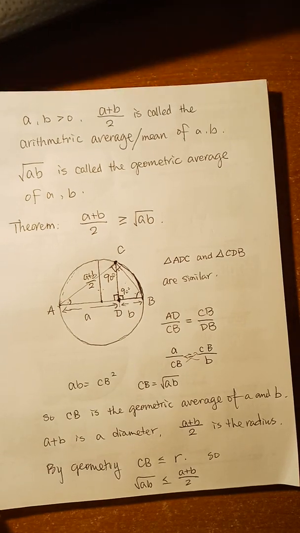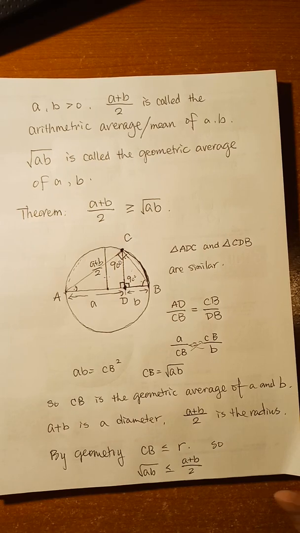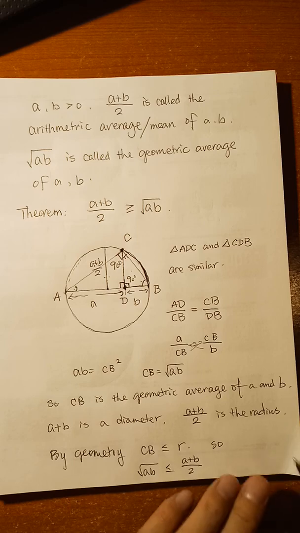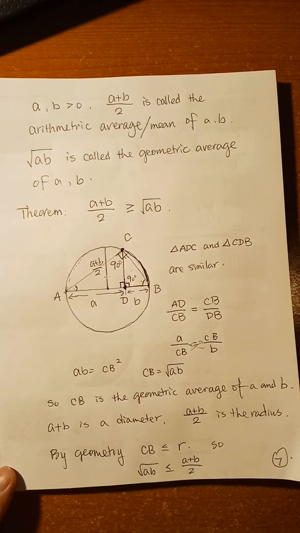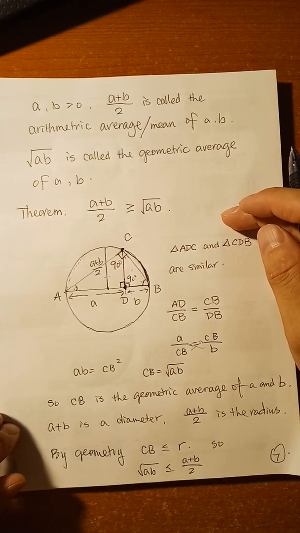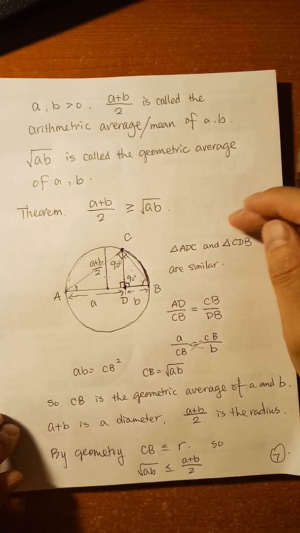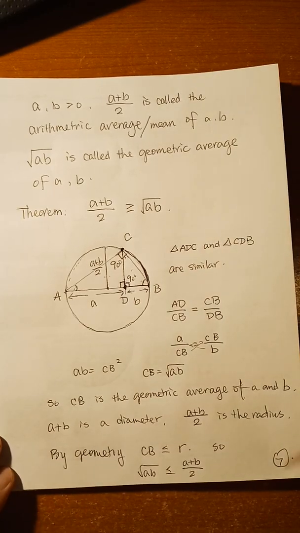This is a very interesting proof. It gave us a very good result. The arithmetic average is always greater than or equal to the geometric average. Okay, excellent: a constructive, geometric proof for the algebraic inequality.